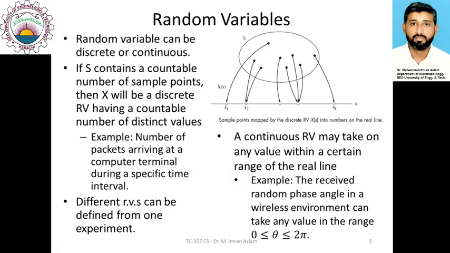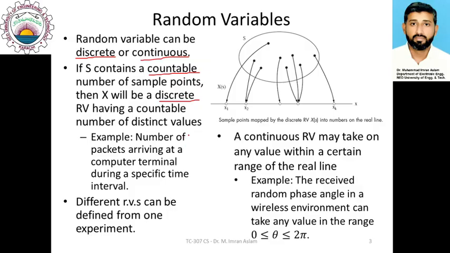These random variables can be discrete or continuous. There are both possibilities. If the sample space contains a countable number of points, then X will have discrete values, or a countable number of values, and based on those discrete values we get a discrete random variable.